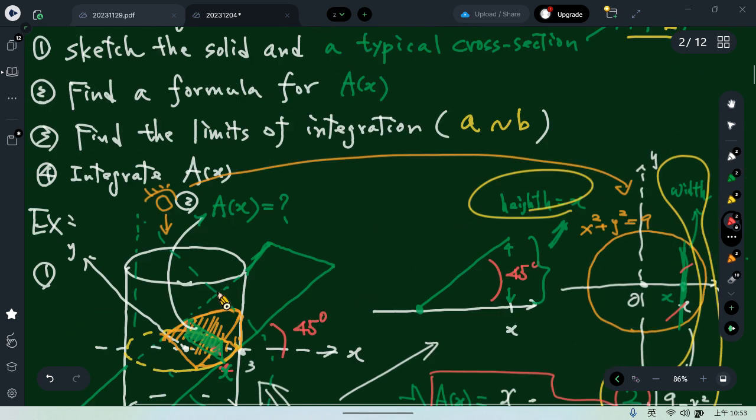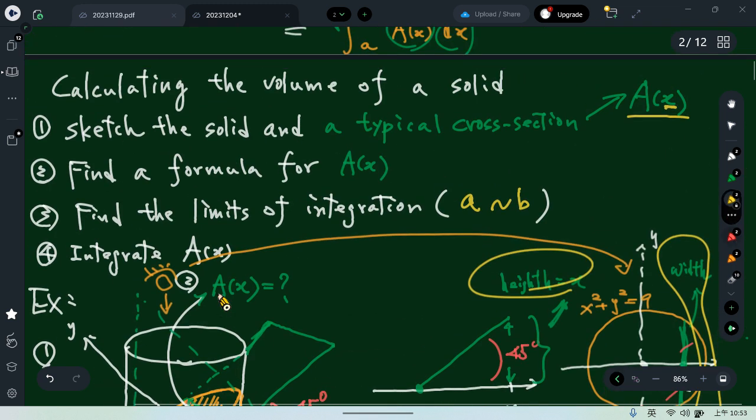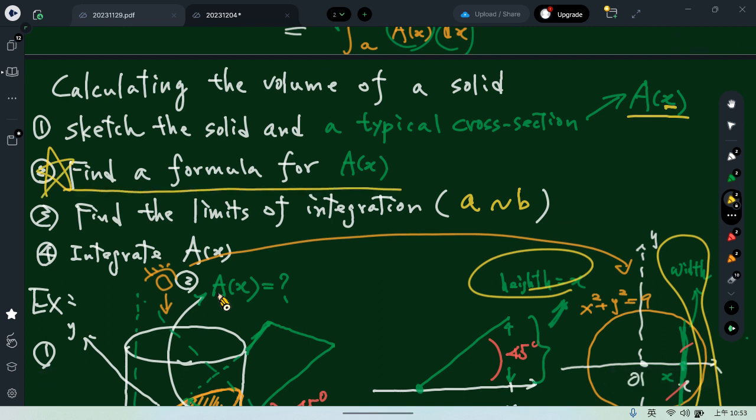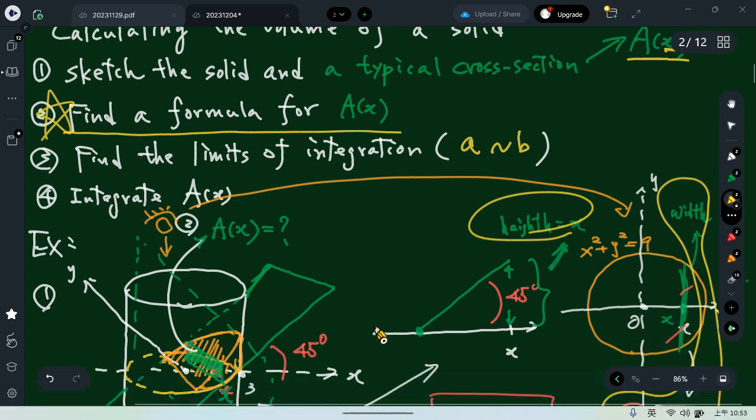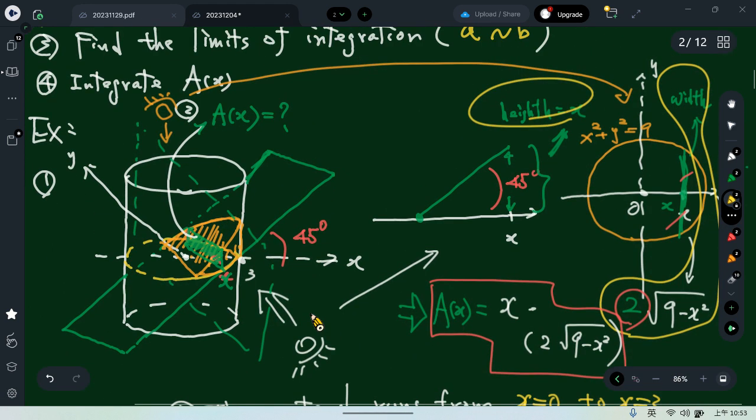That's the most important. Sometimes this part is the hardest one. You need to find a formula for A(x). Just like this. Okay, so this is the concept of using cross-section to calculate the volume.